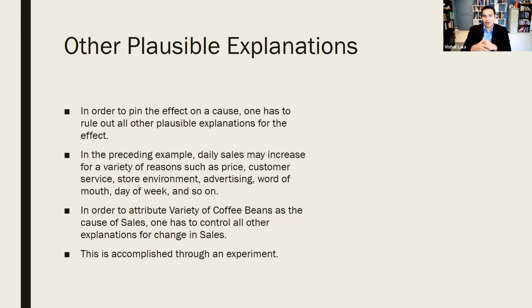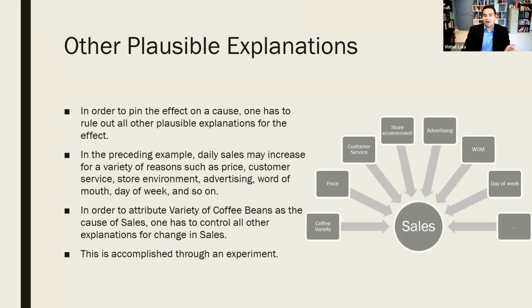Maybe warmer weather got people to come out more, and that led to them visiting the store more. It could be a vacation effect. It could be a day of week effect. It could be an ad campaign. It could be a competitor store closing down. Bottom line, there can be a number of other possible explanations other than coffee variety that might be boosting sales for this coffee shop.